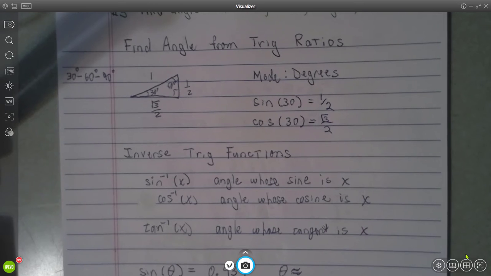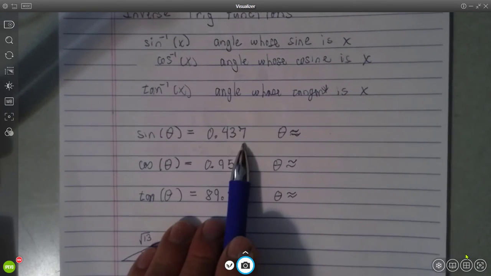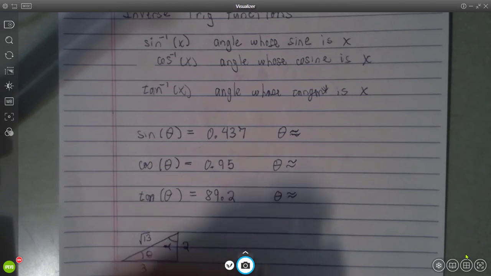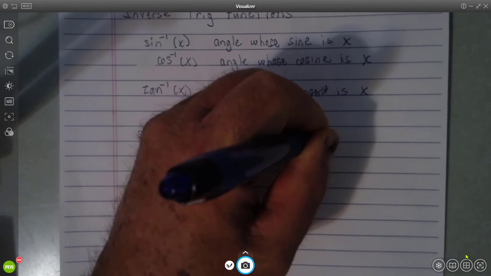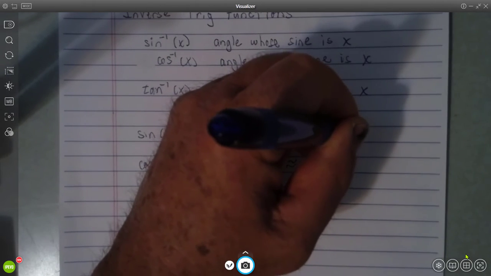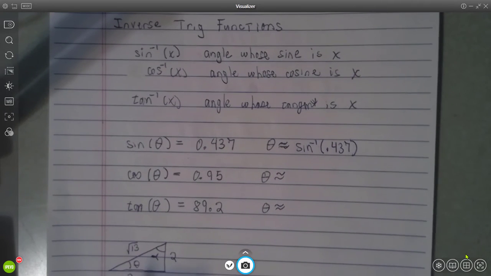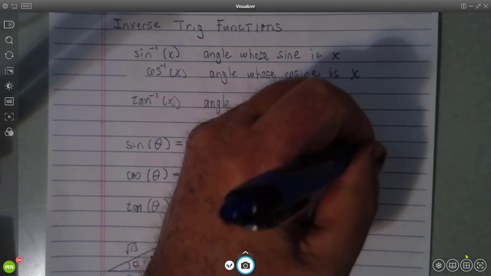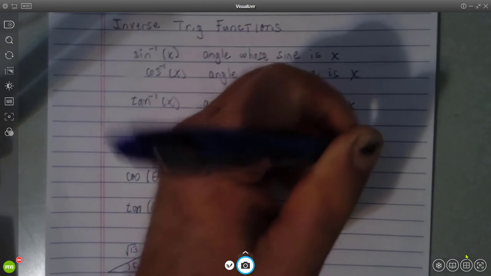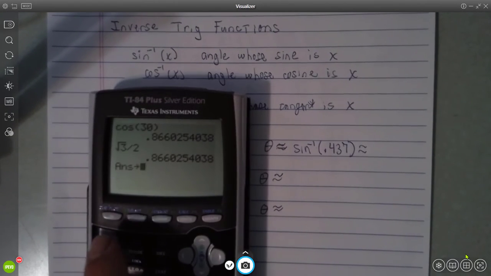So if I know ahead of time that the sine of theta is 0.437, then theta is equal to the inverse sine of 0.437. Now that is how we would express it if it had to be an exact value. But if we're willing to settle for a decimal approximation, and usually we are, we can get that on the calculator.